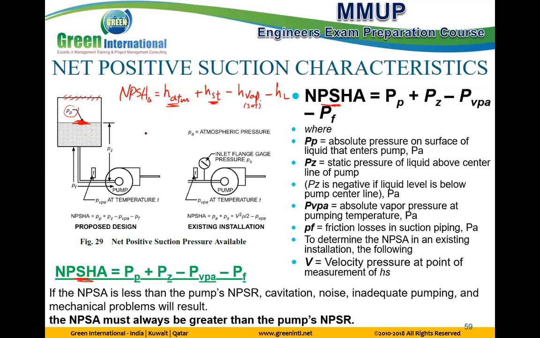Second one, H static. What is H static? This is the height from the level of the reservoir to the center of the suction pipe. This is the suction pipe, from this point to this point. The distance from the center of the suction pipe to the reservoir level, this distance, is H static.